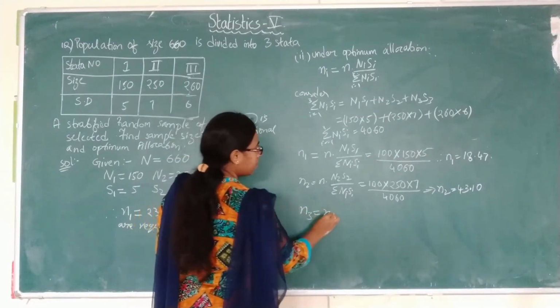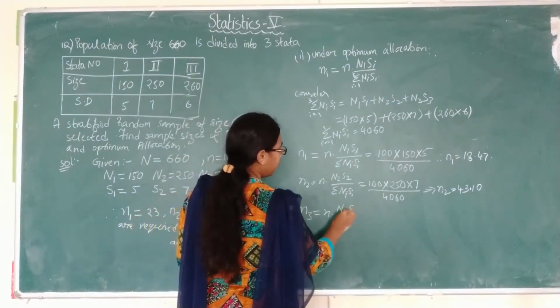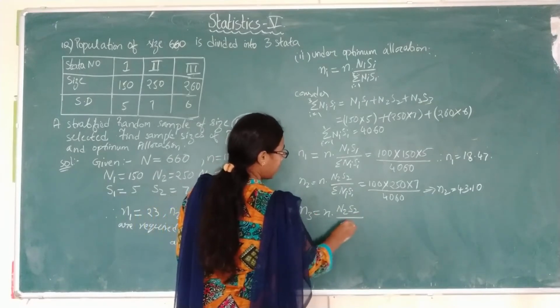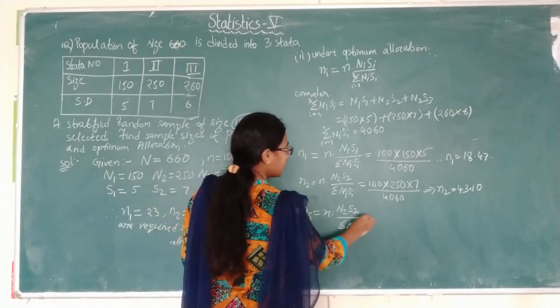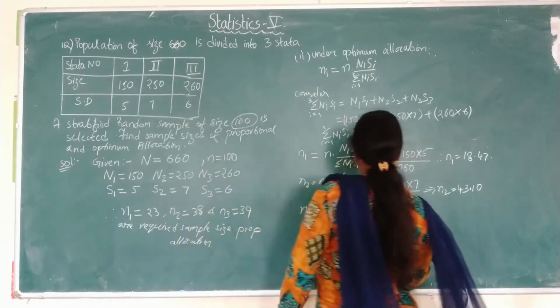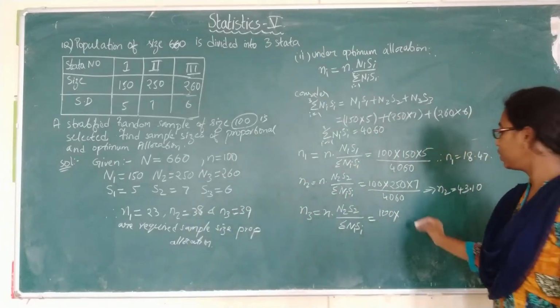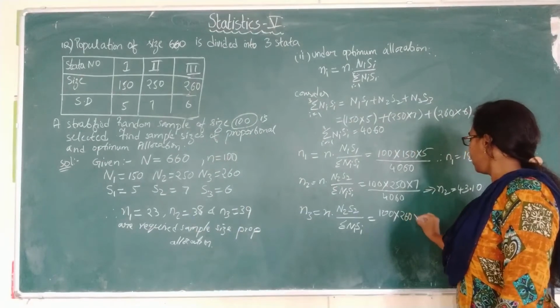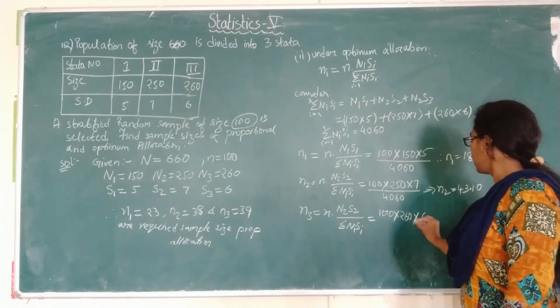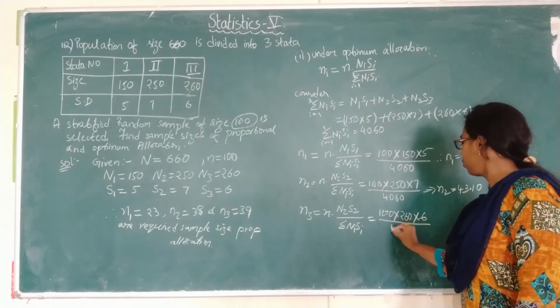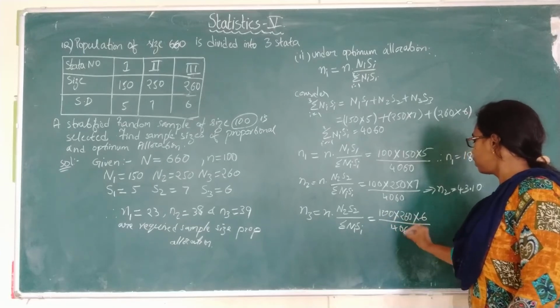Similarly, find out the n3. n3 equals n into N3S3 by summation NiSi, which is equal to 100 into N3 value is 260 into S3 is 6 divided by 4060.